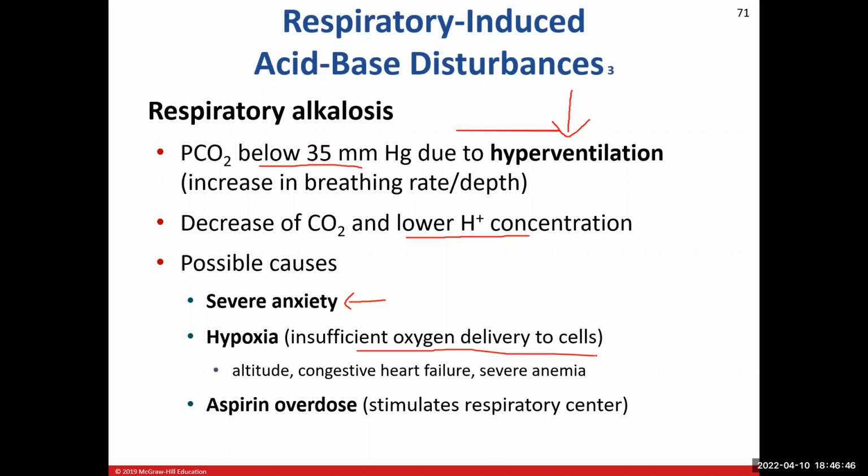All right, CHF, congestive heart failure, or some sort of anemia because you have decreased red blood cells, or the hemoglobin that you have is not effective in carrying oxygen. All these things can cause hypoxia. And then, of course, respiratory overdose is going to affect the respiratory center in the medulla oblongata, and that too can cause hyperventilation.